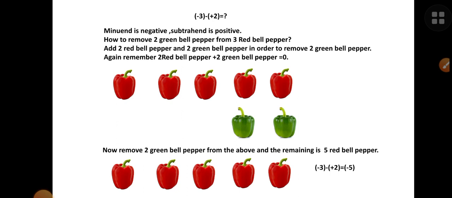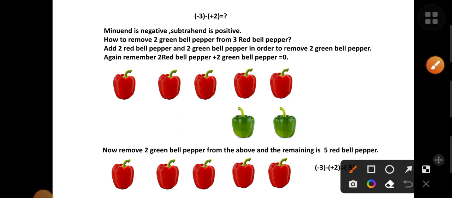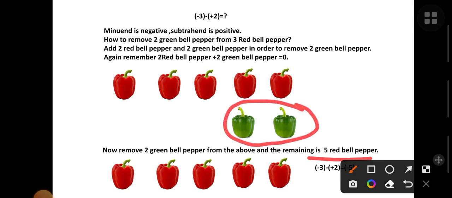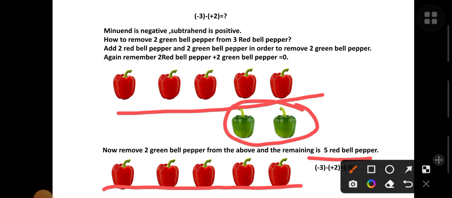Again, remember, 2 red bell pepper plus 2 green bell pepper is equal to 0. Now remove 2 green bell pepper from the above and the remaining is 5 red bell pepper, and the answer is minus 5.